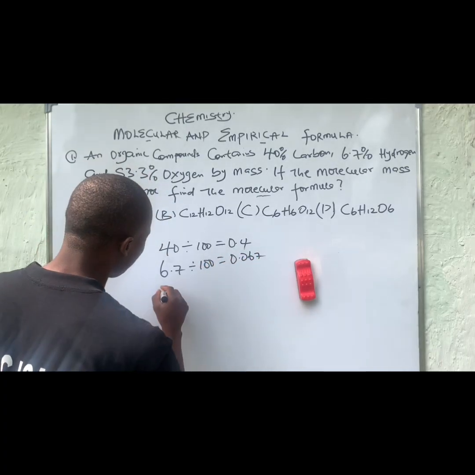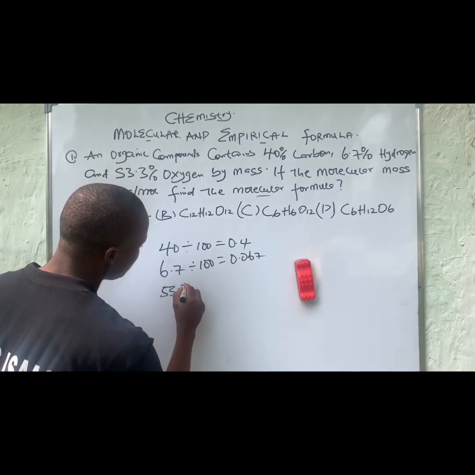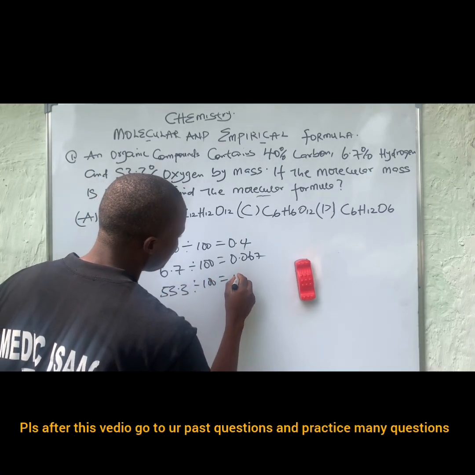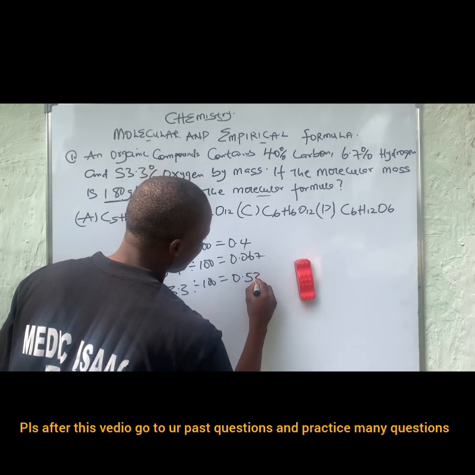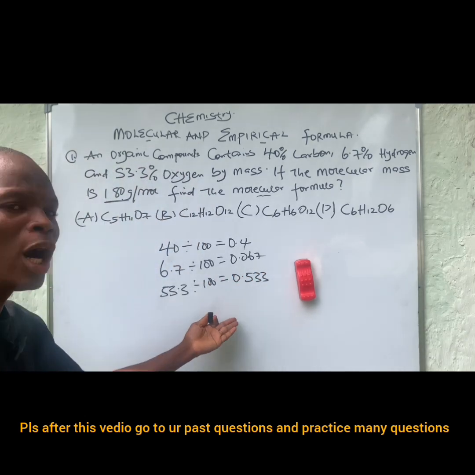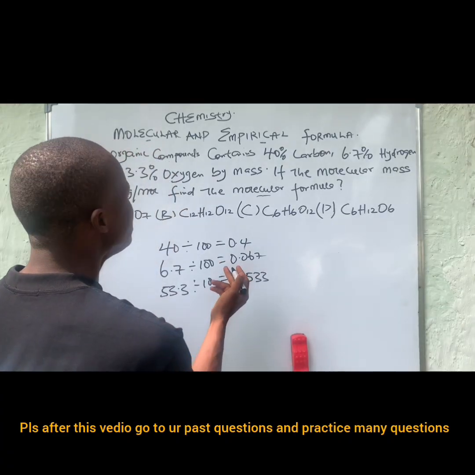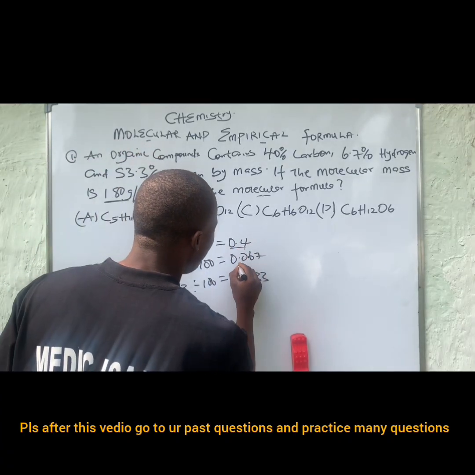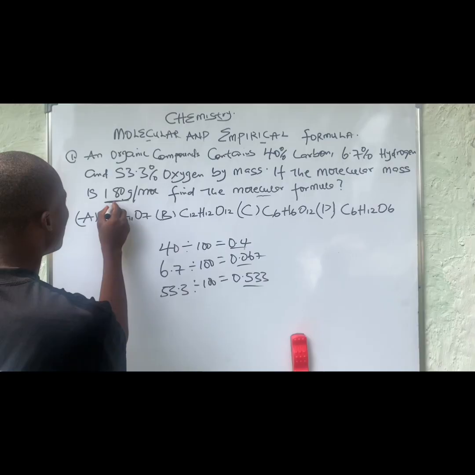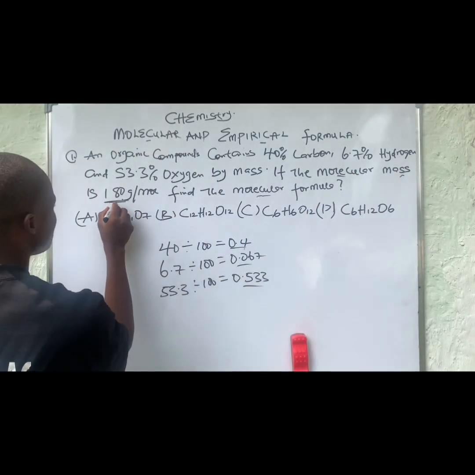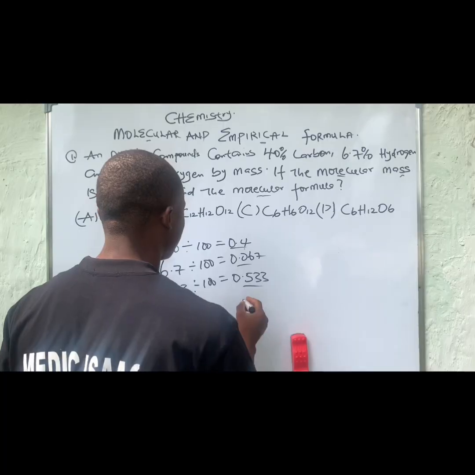Another one is 53.3 divided by 100, which gives 0.533. When you get all this, the next thing you are going to do is multiply all these answers by the molecular mass. Do you understand?